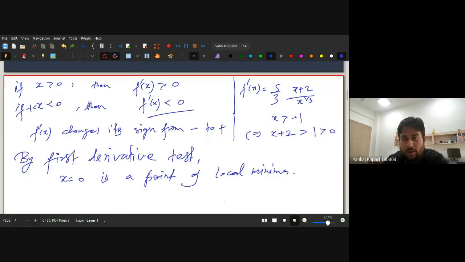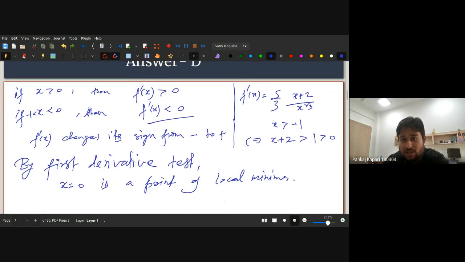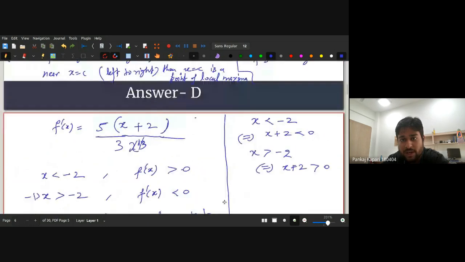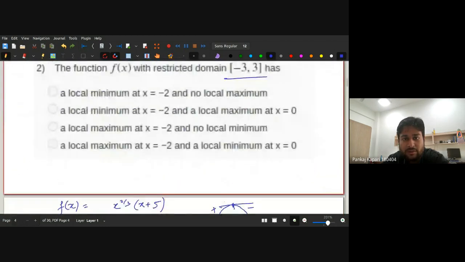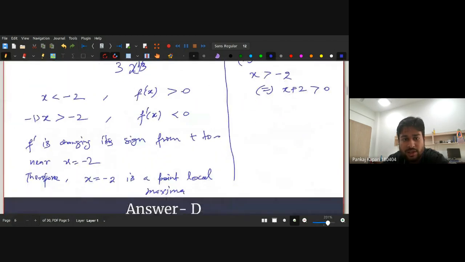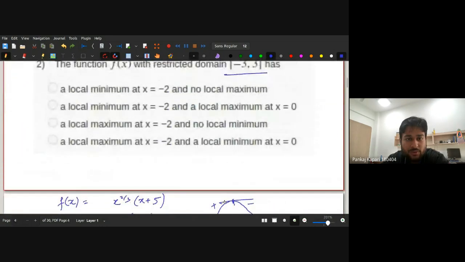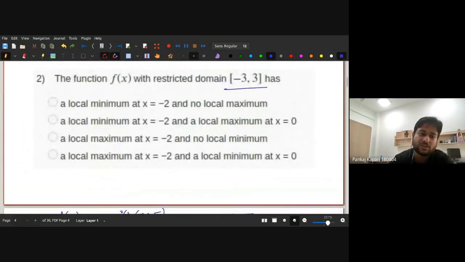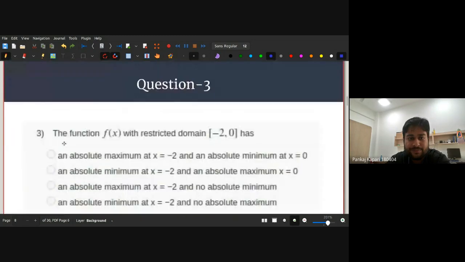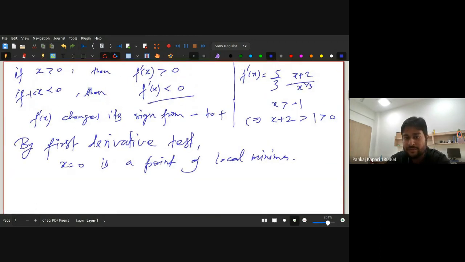In the whole real line, there are only two critical points, -2 and 0, and both are inside the domain which is given, -3 to 3. So we got that -2 is a point of local maxima and 0 is a point of local minima. So the fourth option is correct. Any questions?